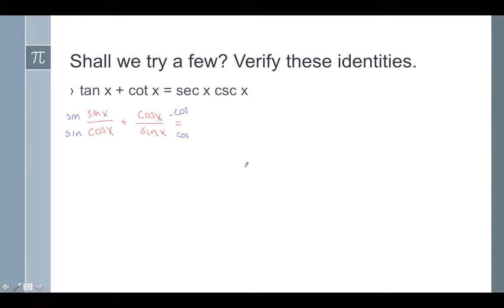When I multiply the left side by sine, I get sine squared x over kind of an ugly sine x cosine x, plus cosine squared x over a somewhat ugly, again, sine x cosine x.